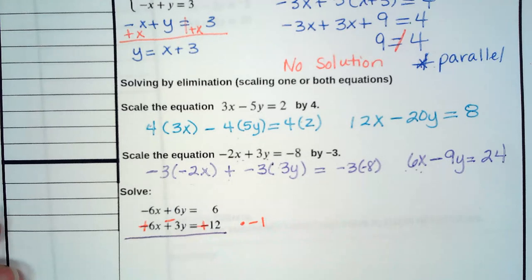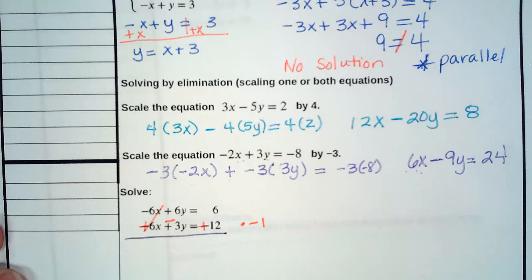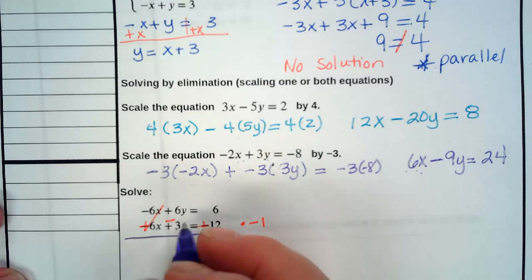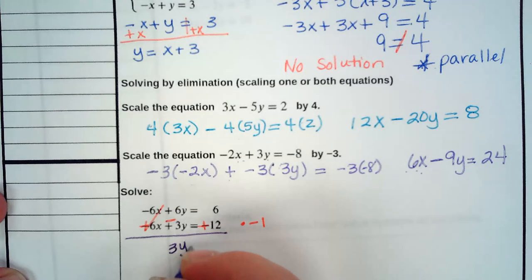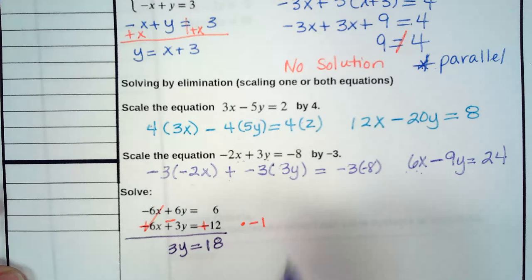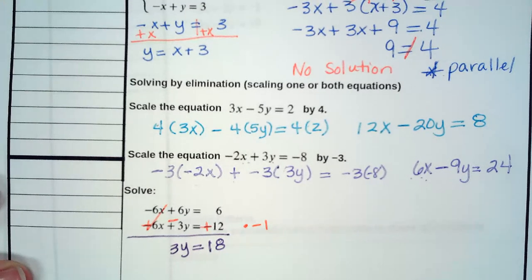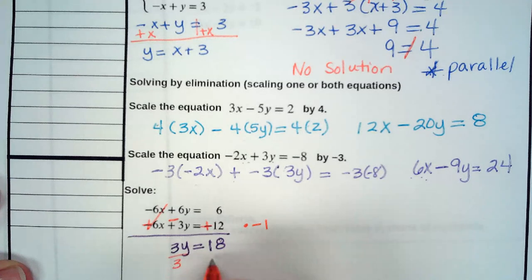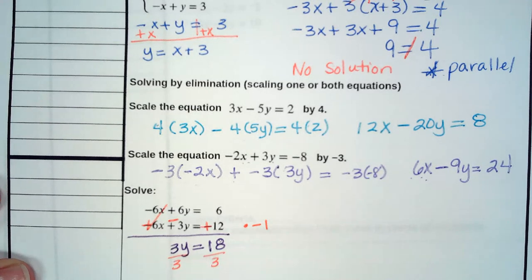I've eliminated my x values, and I can solve for y. 6y minus 3y is 3y, is equal to 6 plus 12 is 18. Divide by 3, and y is equal to 6.